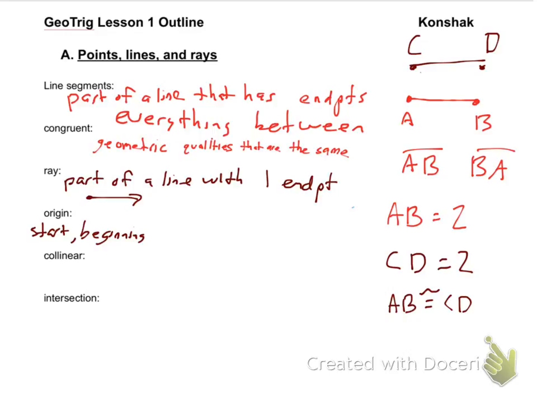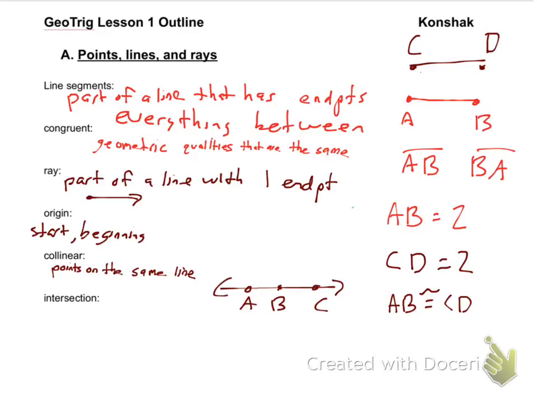And so it's points on the same line. So we have points on the same line. What's an example of that? An example would be a line having 3 points, A, B, and C on it. Points A, B, and C are all collinear. They all are on the same line.